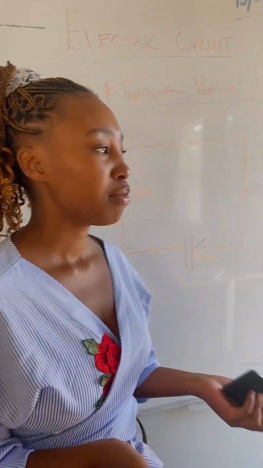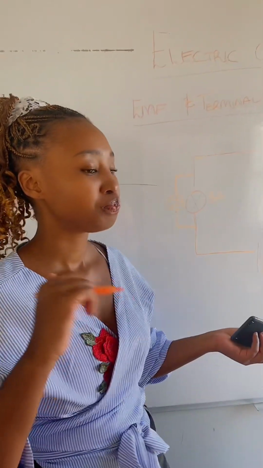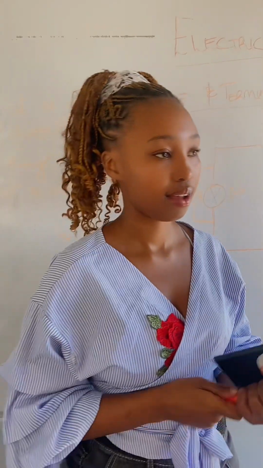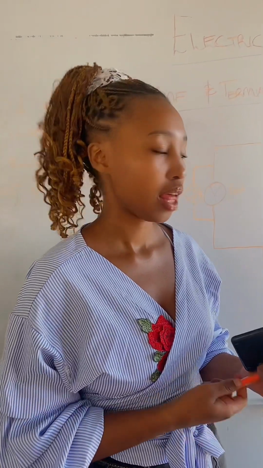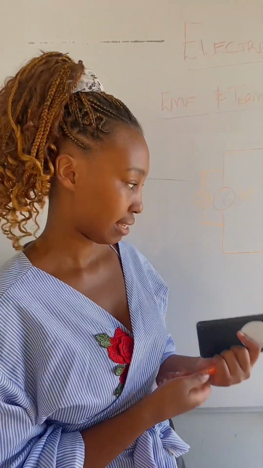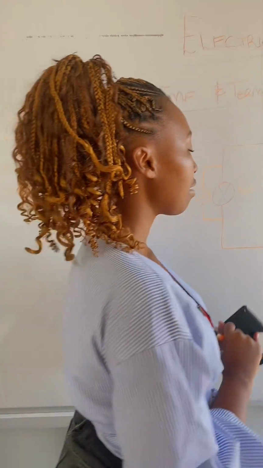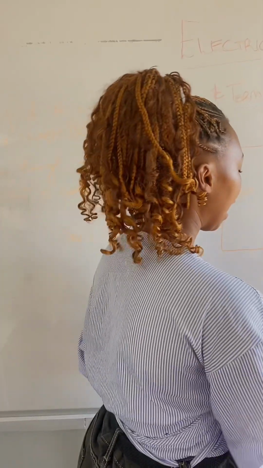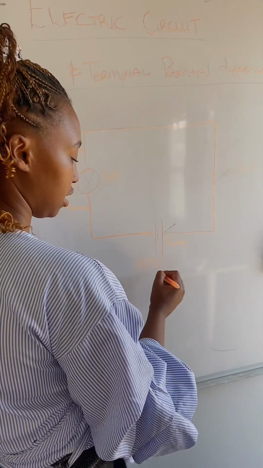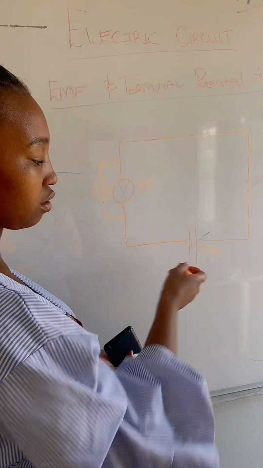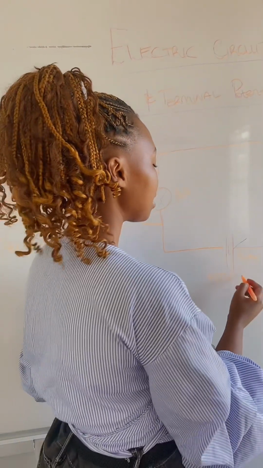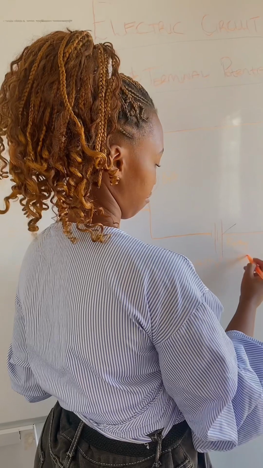Now let's go to the EMF. It is said that EMF is also equal to the total amount of energy that a battery can supply through the circuit. Okay. So if our battery supplies, let's say 40 volts, it is worth 40 volts, meaning that it is also equal to our EMF.